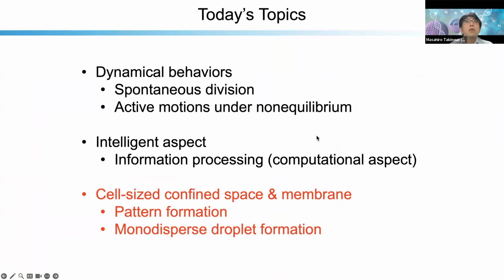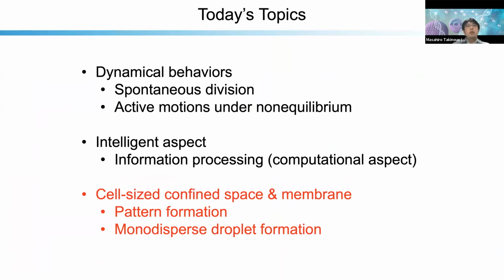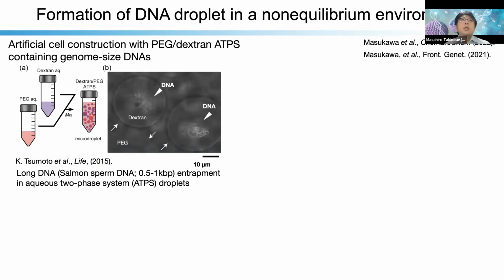So finally, we move on to the third part of the construction of the DNA droplets. The last part is cell size confinement of the DNA droplet, or the interaction with membrane.